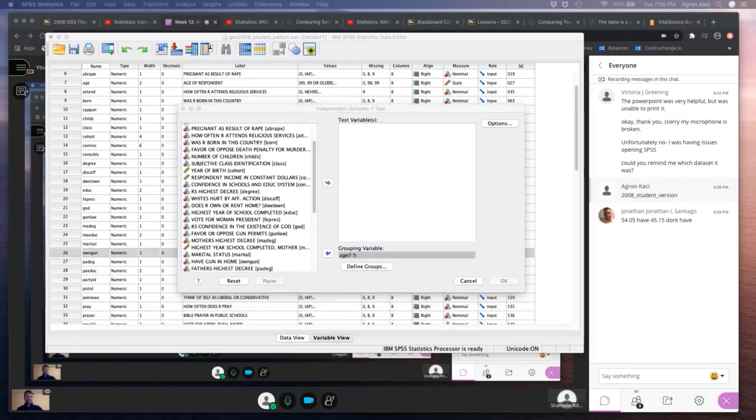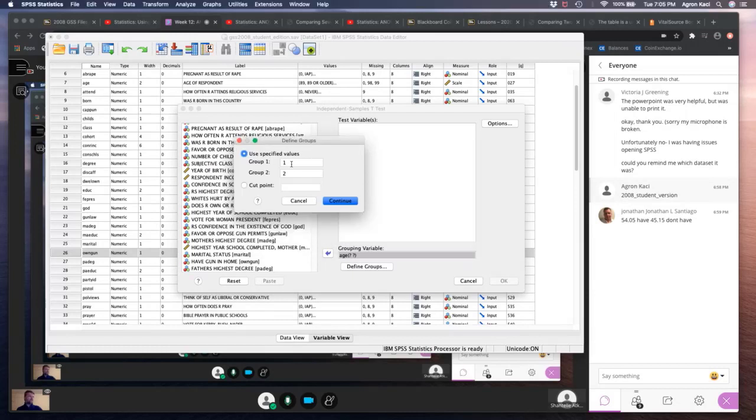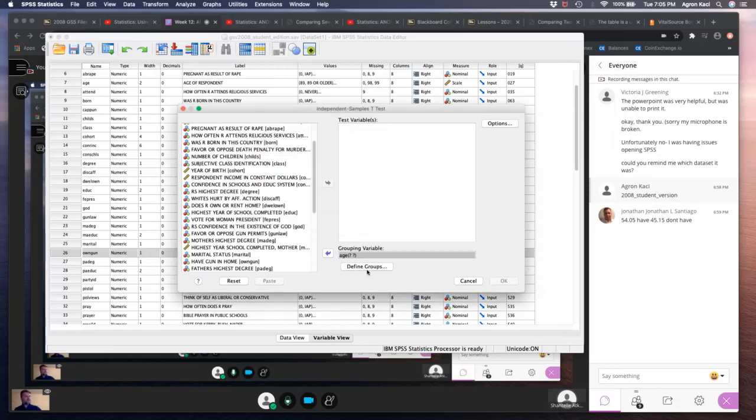And then how do you do age now? You can't define groups because you don't have 1 and 2 in age, but you can put a cutoff point, for example, 45. Then 45 and up are older, and those younger than 45 you can call younger. And then you can continue, but that's not the right way to do it.